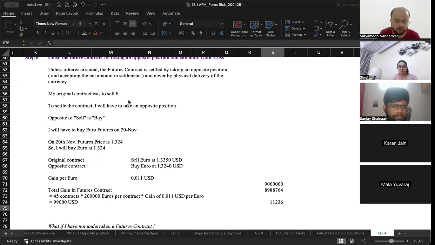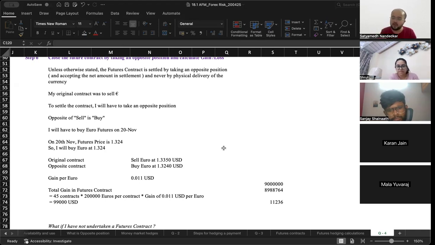What does it mean by overhedging? You needed a cover of 8988. You ended up with a cover of 90 lakhs. You calculate the amount that was overhedged. Now, if I need to do my calculations, I expected to buy 8988,764 from the bank to make the payment. But what have I done?